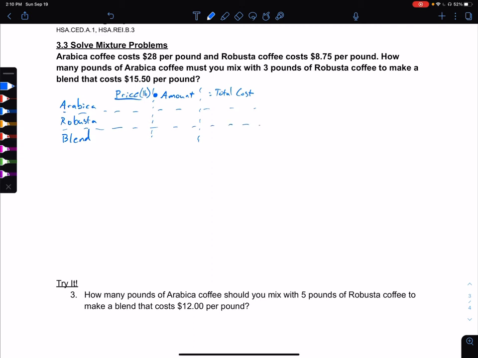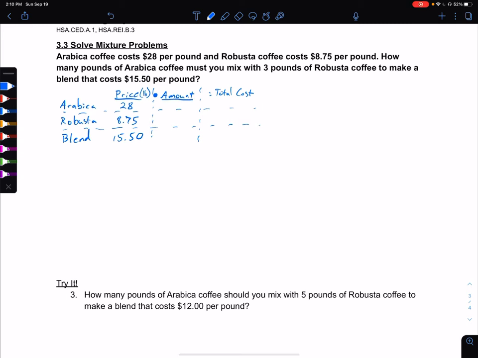So the price for Arabica coffee was $28. Robusta was $8.75, and the blend we want to be $15.50. The amount, well, Arabica coffee, we're trying to figure out how much of that we need to use, right?